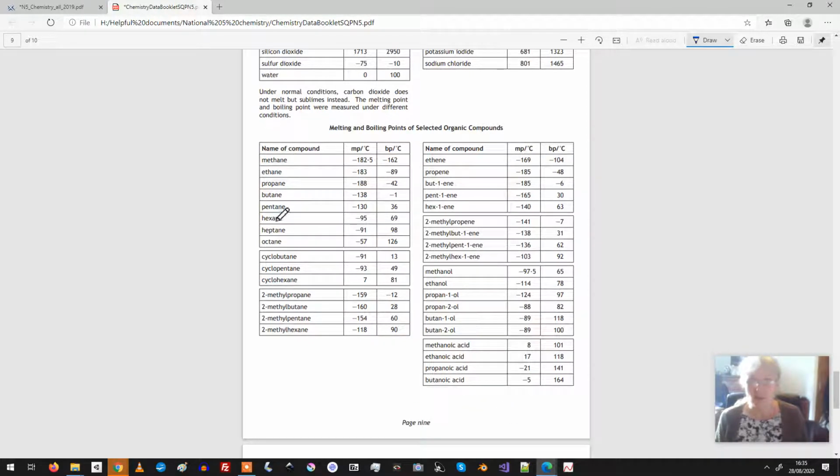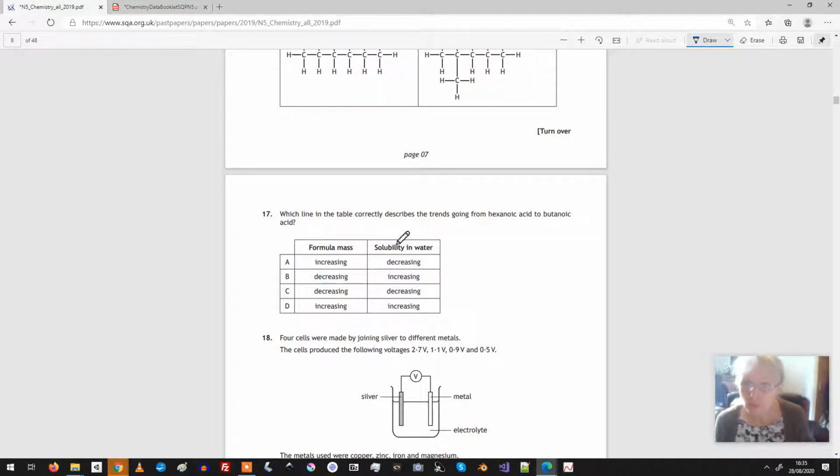And here's pent, hex, hept, oct. Just getting one more carbon as you go down. So hexanoic acid is going to be larger than butanoic acid, so that one will be wrong. You are left with either B or C.